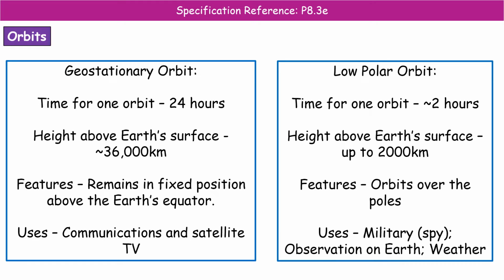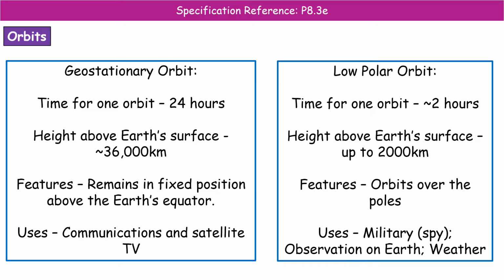In terms of what we use these geostationary orbited satellites for, then it's things like our communication satellite TV, because what we want to do is know exactly where we're actually transmitting those signals in terms of where that satellite is. So if it's in that fixed position above the Earth at all times, we know exactly where the signals are going to be bounced and therefore what direction your dishes need to be orientated to collect the signal as it returns.